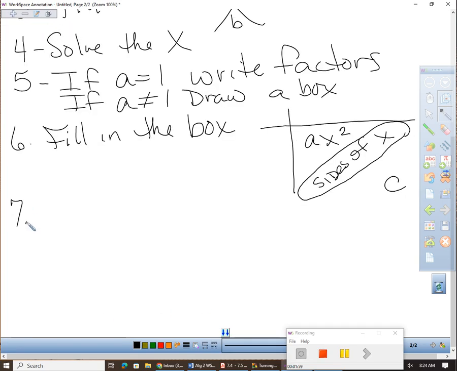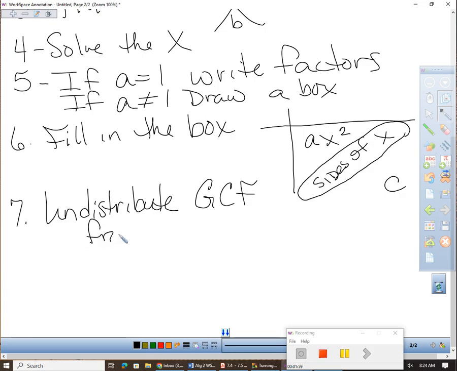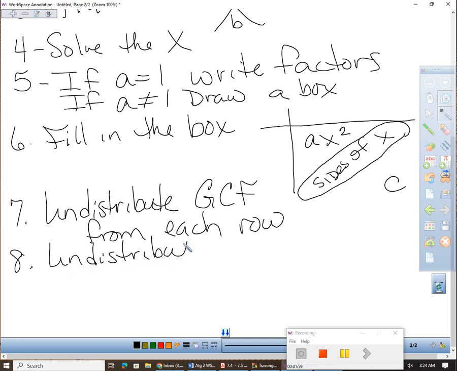Step number 7, undistribute the greatest common factor from each row. Number 8, undistribute the greatest common factor from each column.